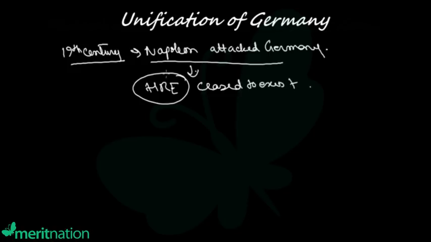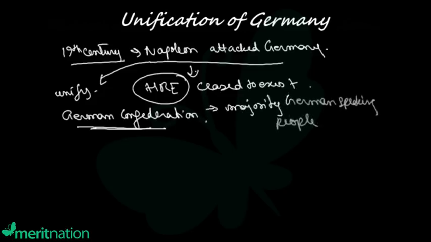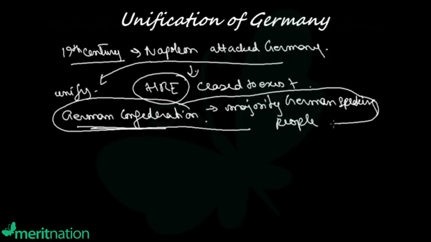And we already talked about how Napoleon wanted to unify Germany under one German confederation. So this was the first time that people of the same language, that is majority German speaking people, were at least drawn together under one confederation. They were brought under one group.